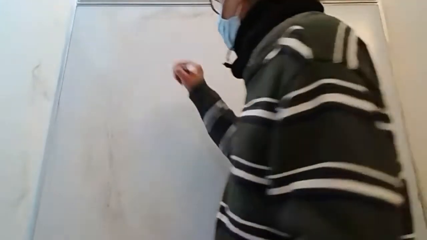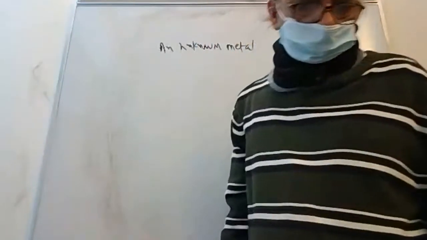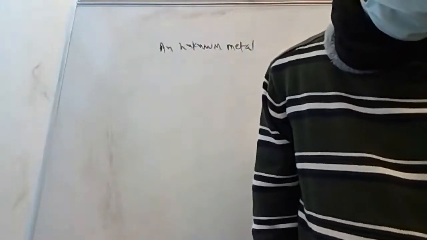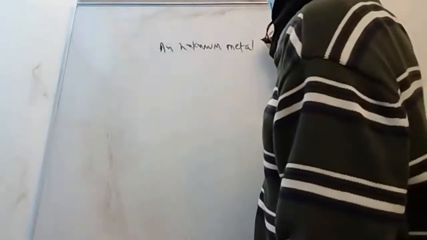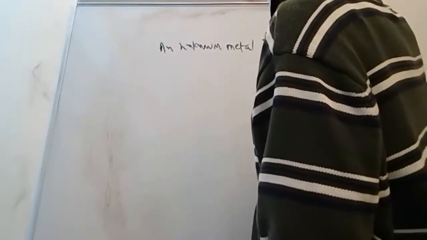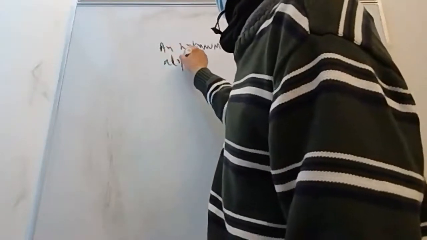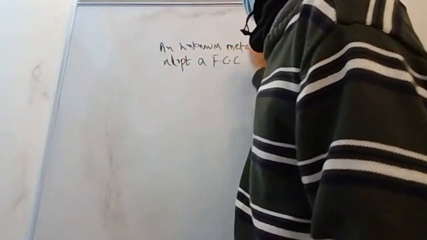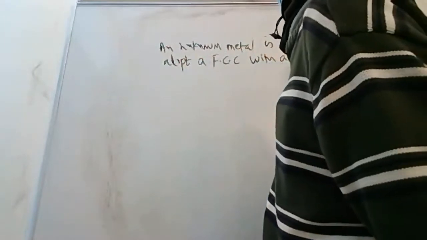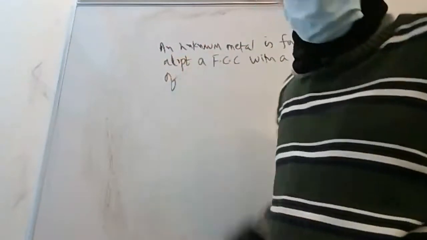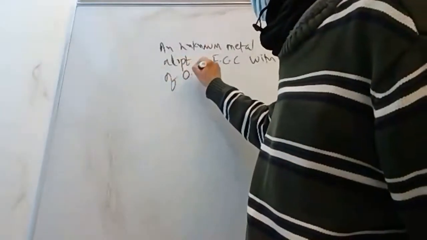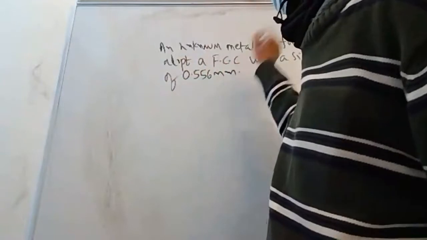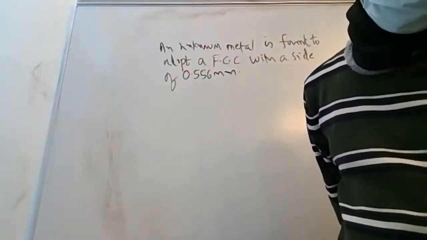So the way we start is: an unknown metal is found to adopt a face-centered cell with a side of 0.556 nanometers. That's information given to you.